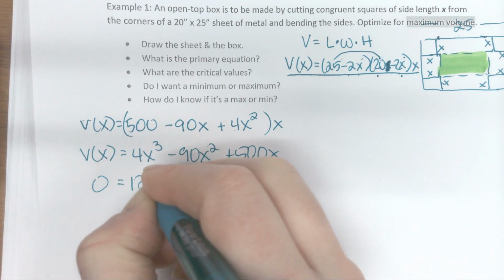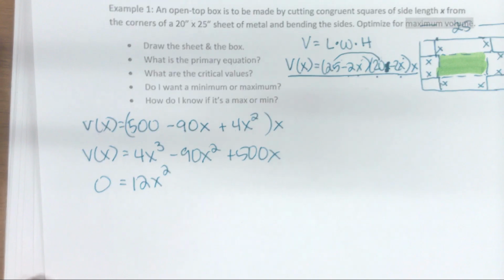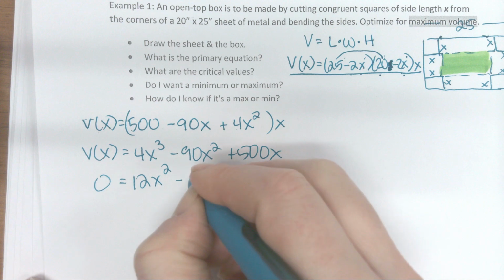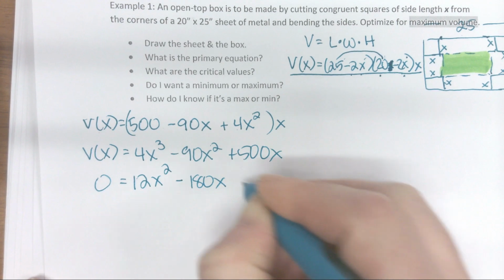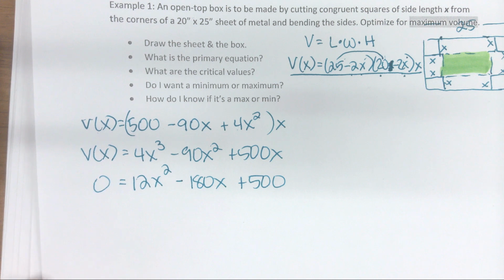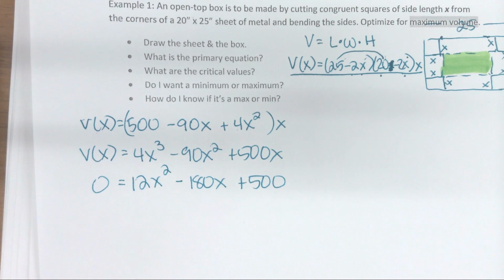12x squared minus 180x plus 500. Here, we cannot plug this in quadratic formula. Here's what I will tell you. If you want some smaller numbers, you could divide off, they're all even, right?